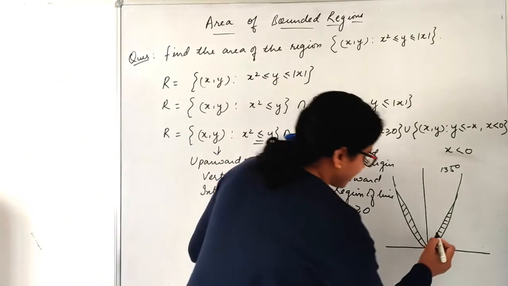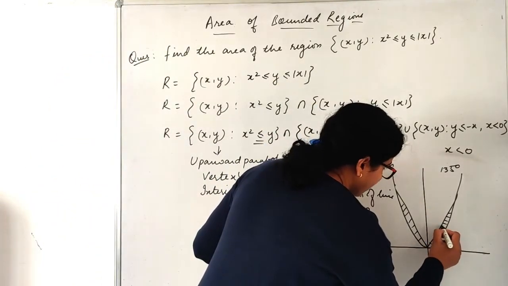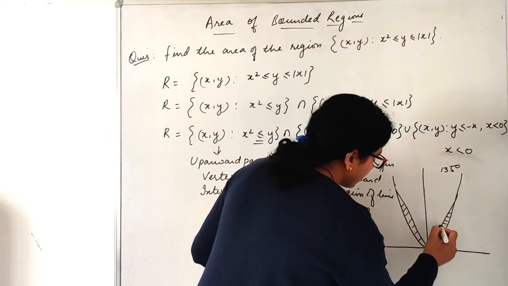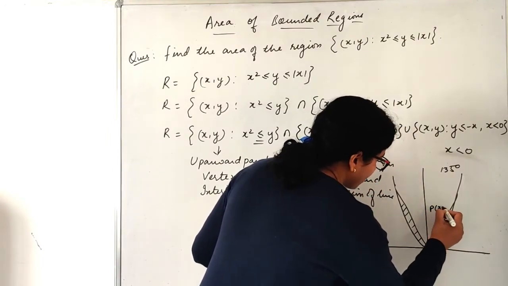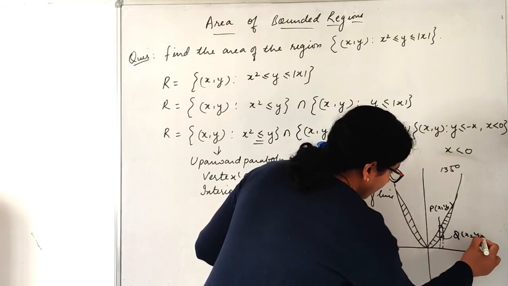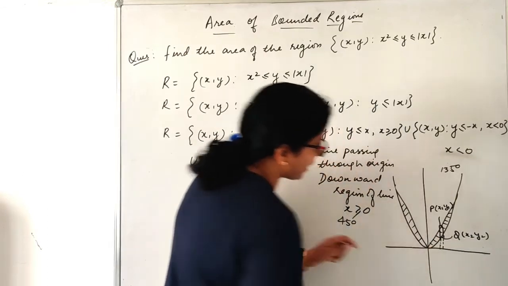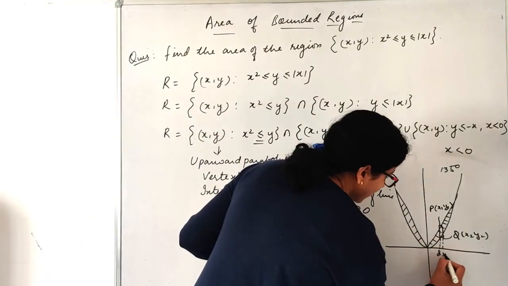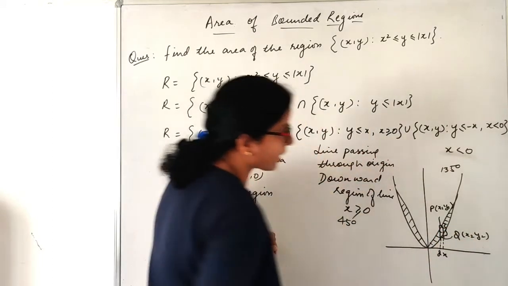Okay. So let us take a small element over here. So this is my P (x1, y1) and this point is Q (x2, y2). Correct? If I want to find the area of this small rectangle, this is my dx, and what will be the length of the rectangle?